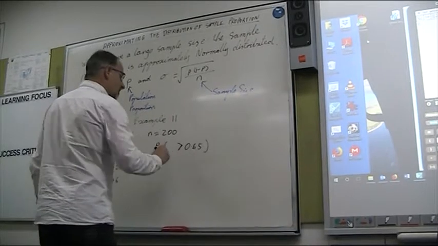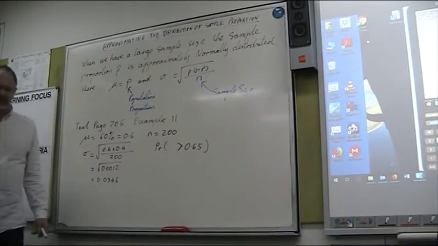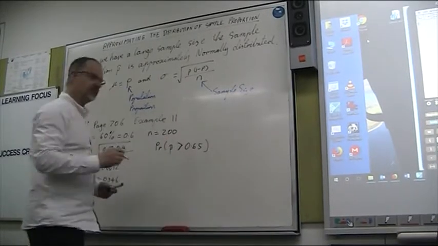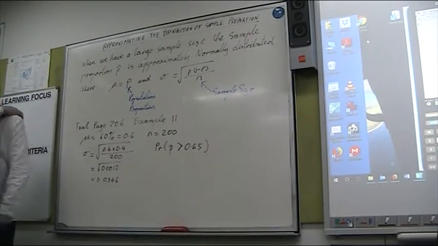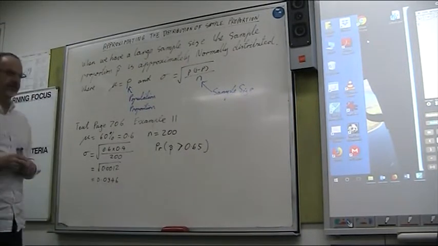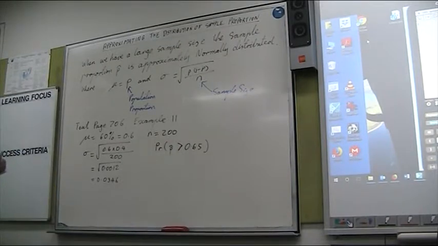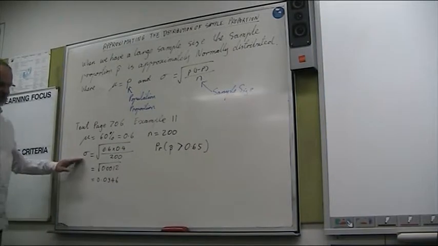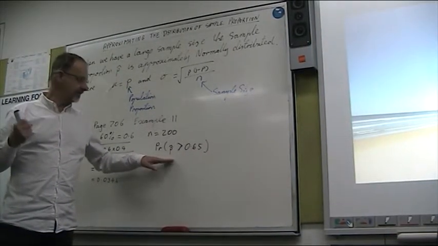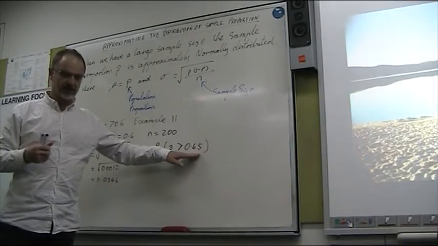We're actually looking at the proportion in that sample. So we want the proportion in that sample of 200 to be more than 0.65, not 65, 65%, 0.65. So we have a mean, we have a standard deviation. What's the probability that this sample of 200 has a proportion of more than 0.65?